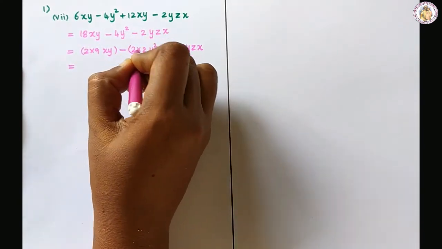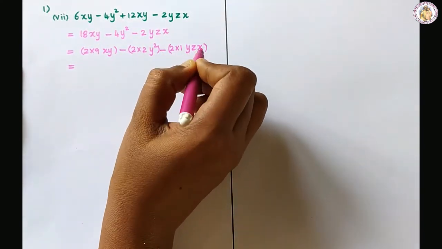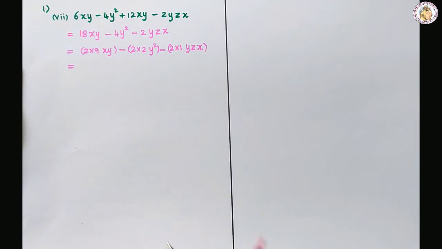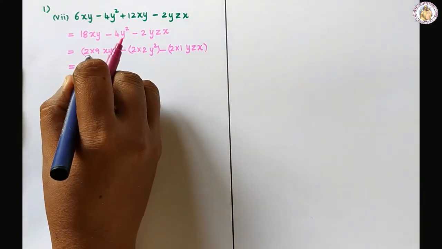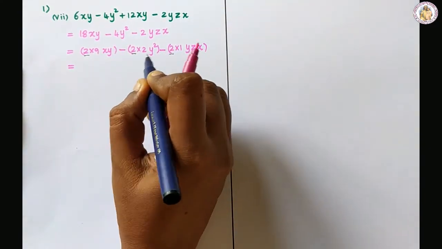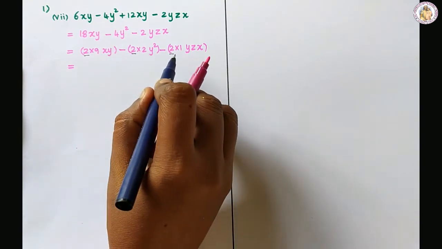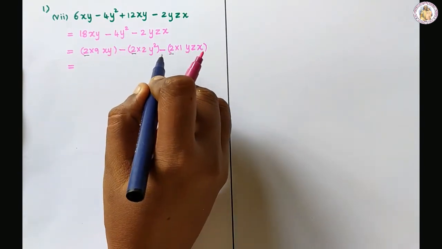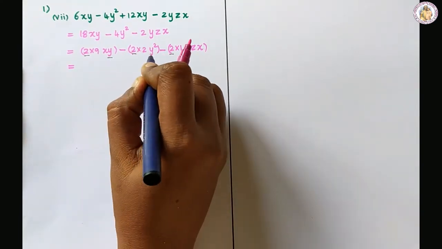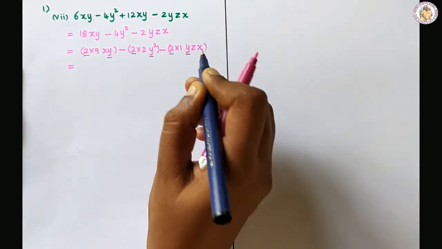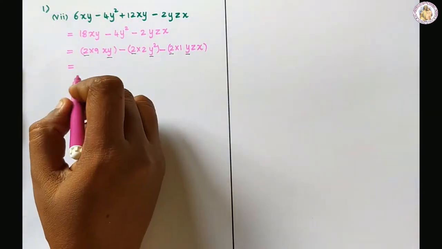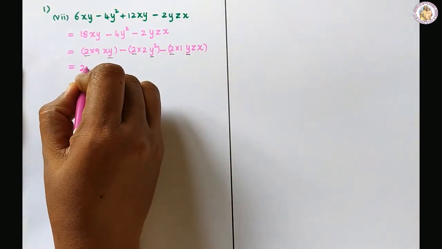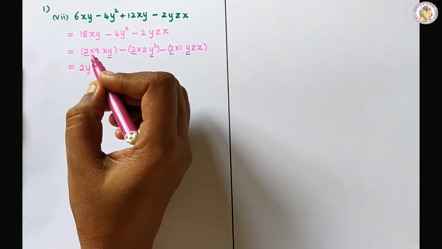Listen here. Now take note of which one is common. 2, 2, 2: in all the terms 2 is common, and in the variables, y, y, y is also there. So take out 2y as common.